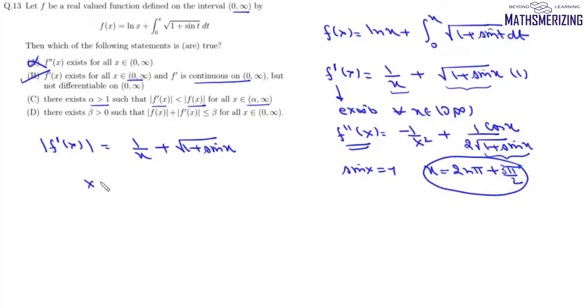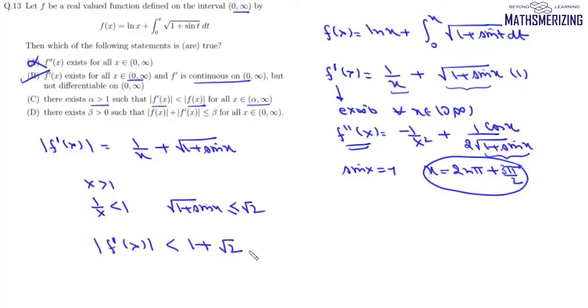Now when x is greater than 1, 1 by x is less than 1, and under root of 1 plus sin x is always less than or equal to root 2. So we can say mod of f dash x will be less than 1 plus root 2.